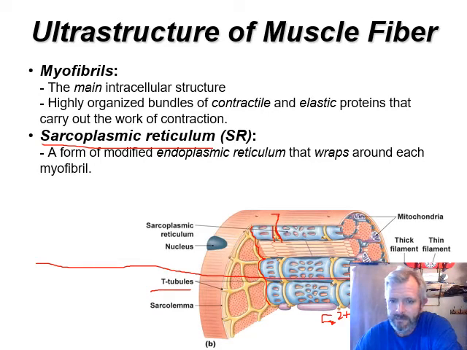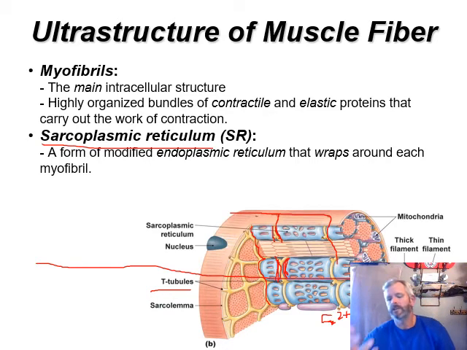Okay, because the action potential has to get access to these sarcoplasmic reticulums. This is going to be key to causing contraction. So as that action potential is running down, we can move the action potential deep through the T-tubules in association with these deeper myofibril and sarcoplasmic arrangements in the cell.